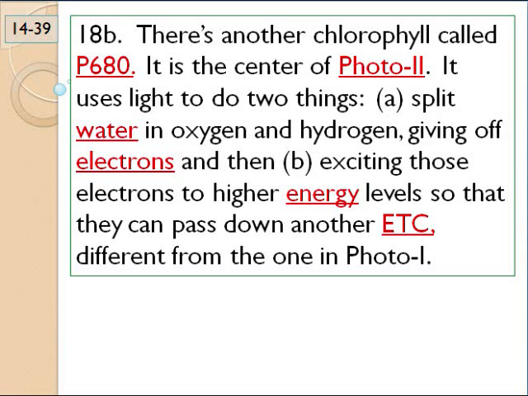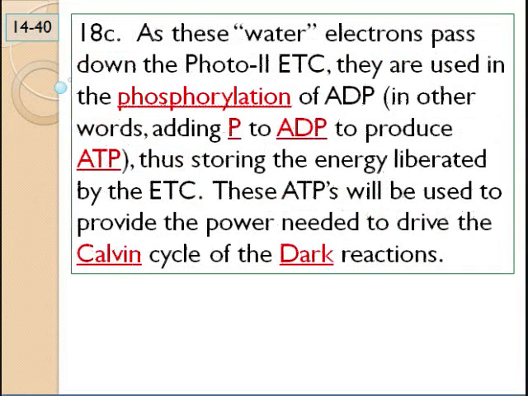You wouldn't know the difference in shade, not by 20 nanometers. All right. The electrons from the water travel down the photo 2 electron transport chain, and then they're used to phosphorylate again and make ATP.